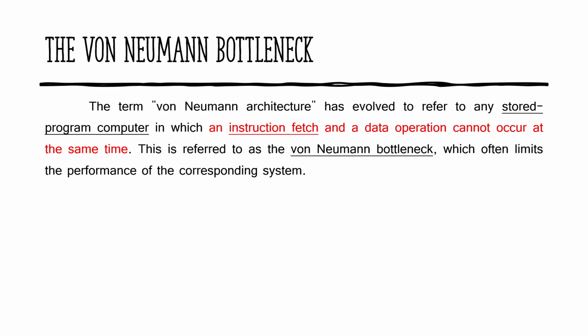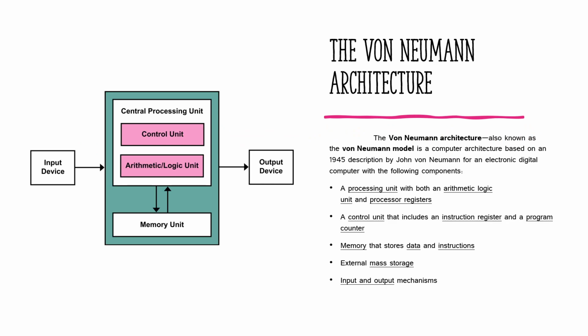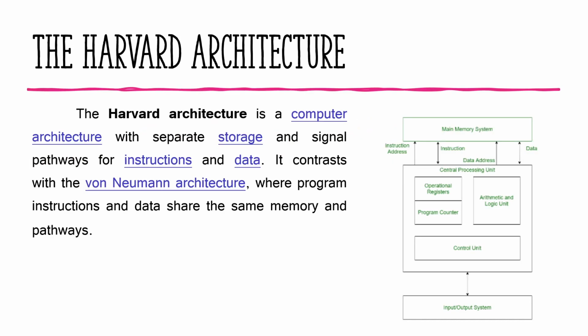And this is what we call the von Neumann bottleneck, which often limits the performance of systems that use the von Neumann architecture. The Harvard architecture tries to improve on the von Neumann architecture, having separate storage and signal pathways for instructions and data. In contrast with the von Neumann architecture, where program instructions and data share the same memory and pathways.